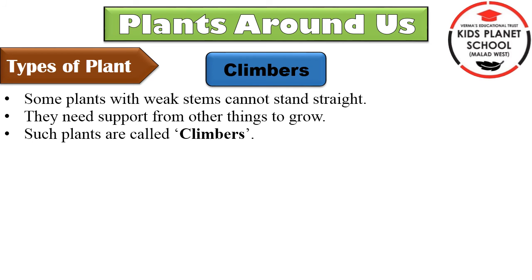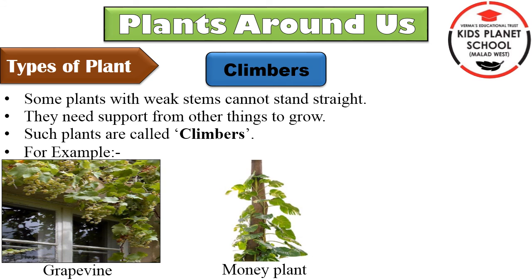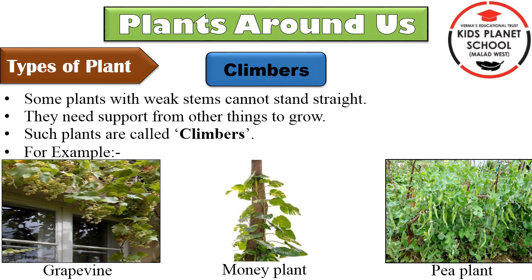Such plants are called climbers. For example, grapevine, money plant and pea plant. Children, as you can see in the picture, these plants need support to grow. Hence, they are called climbers.